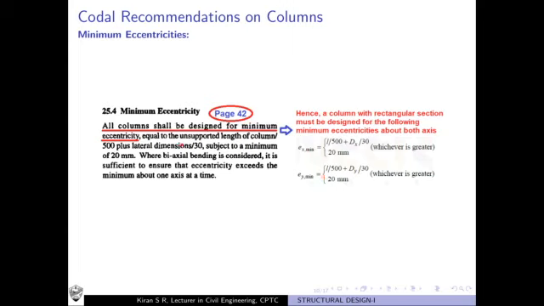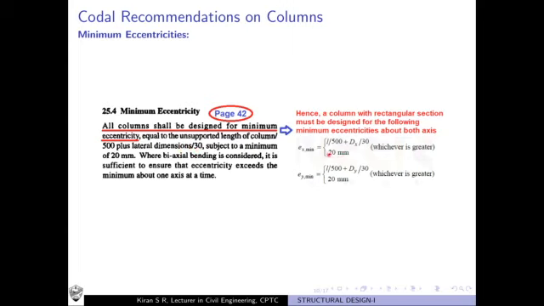Minimum eccentricity can be computed based on clause 25.4, which says that the minimum eccentricity should be equal to the unsupported length of column divided by 500, that is L by 500, plus lateral dimension divided by 30.